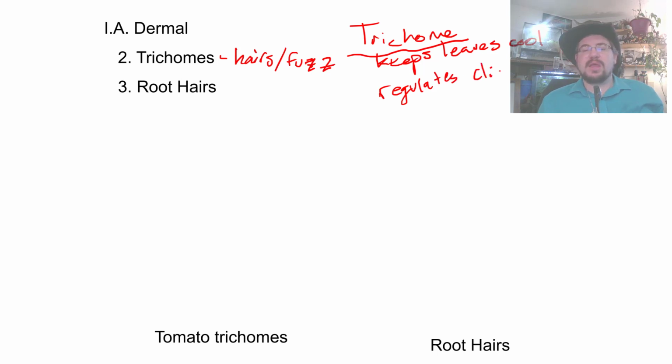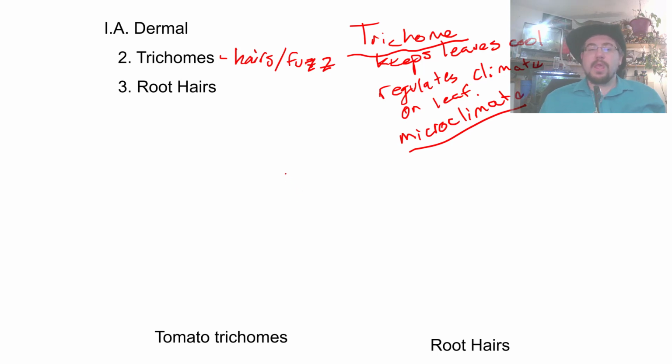We can indeed talk about climate at very small scales. We call this small scale a microclimate. So, trichomes keep leaves cool. They can regulate the microclimate to keep things optimal.